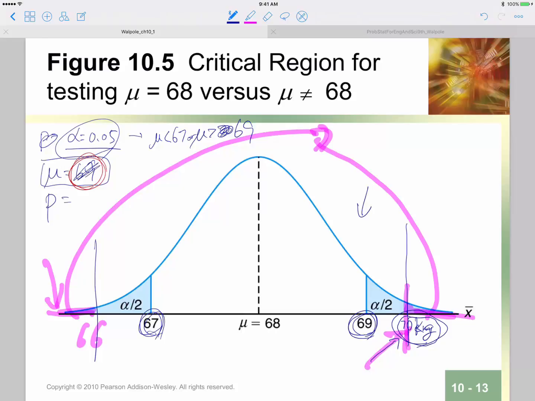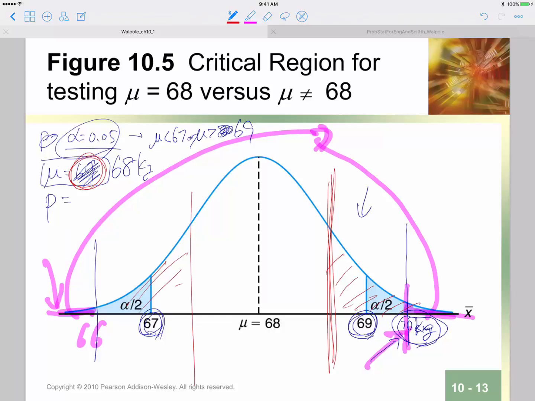And then suppose you obtain 68 kilograms as your sample. So in this case, how we compute the p-value is: our threshold is set here, and then this range, and then this range. So the p-value will be the sum of these two regions, which is definitely bigger than 5%.